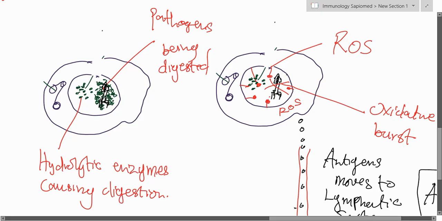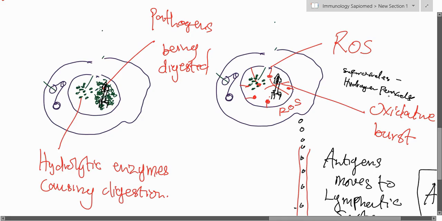And these reactive oxidant species could be superoxide dismutase, hydrogen peroxide, or nitric oxide.